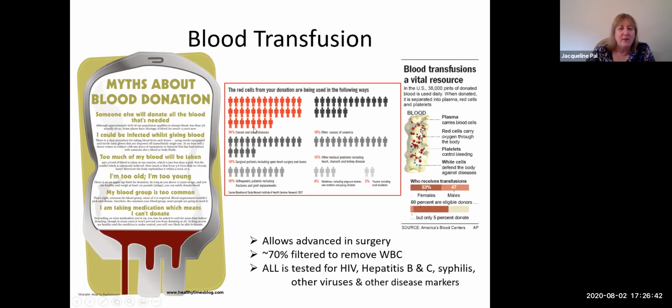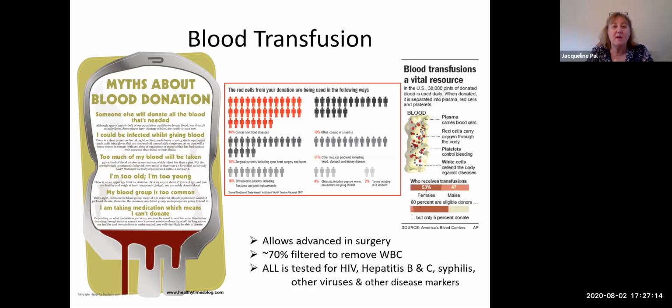So a lot of the blood is used for surgeries and for cancer treatments. Accidents. So really be thankful, because the people that need blood should not have to, as is in other countries, rely on family members and friends donating blood for them specifically, or else they die. Here in the United States, you can receive anybody's blood that's in the blood bank.